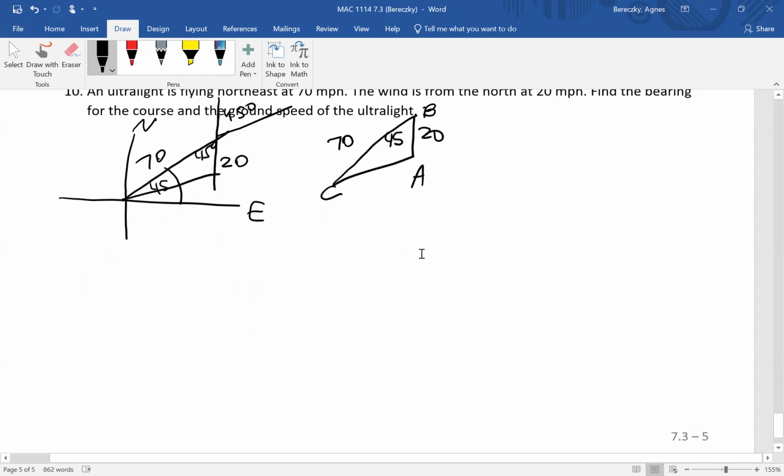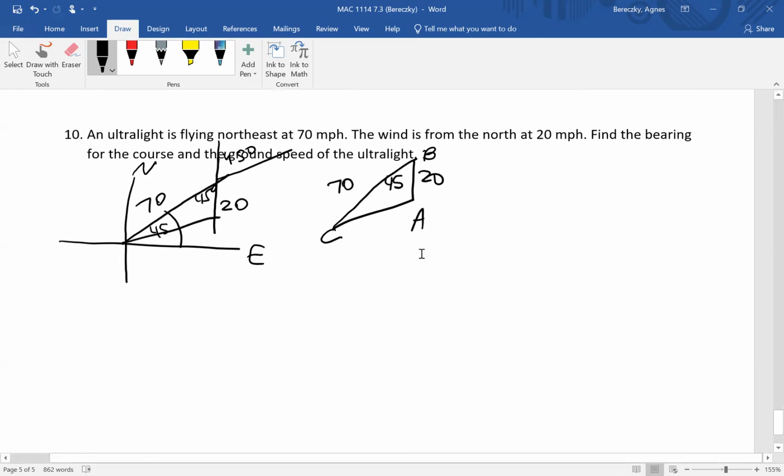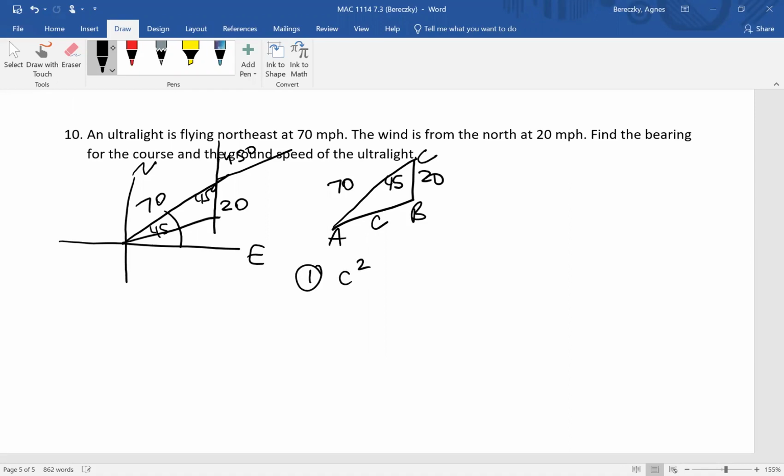So we can find this side. Actually, let's label it differently. So A, B, and C. So side C. C squared equals A squared plus B squared minus 2AB cosine of gamma.